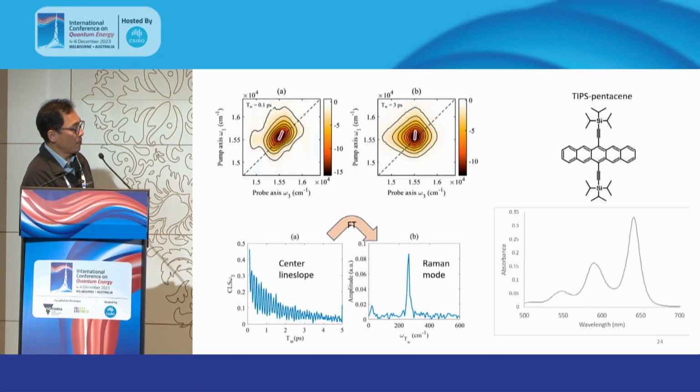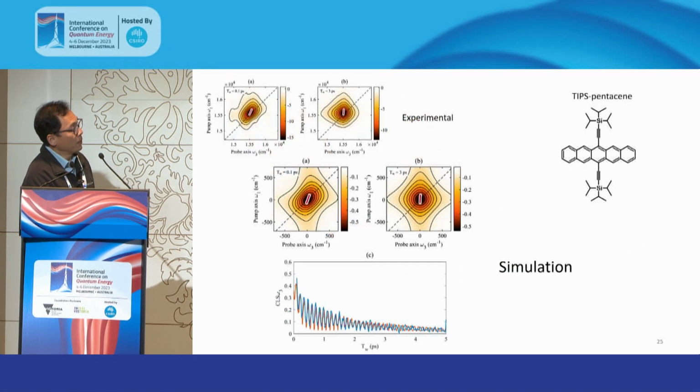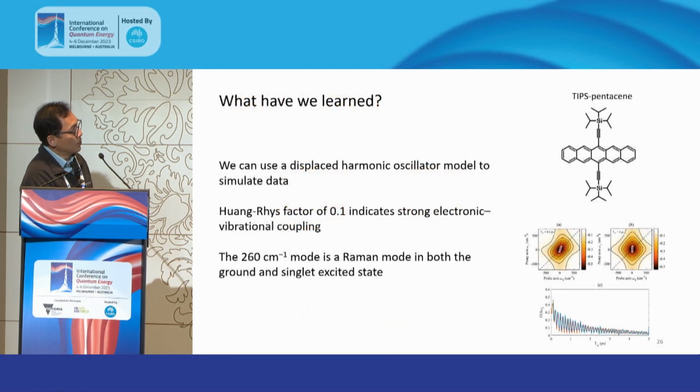In this case, this is a well-known Raman mode for this particular molecule that's called TIPS pentacene. We're able to simulate the data using a model, and the end result is that we're able to determine the strength of the coupling between the molecules.